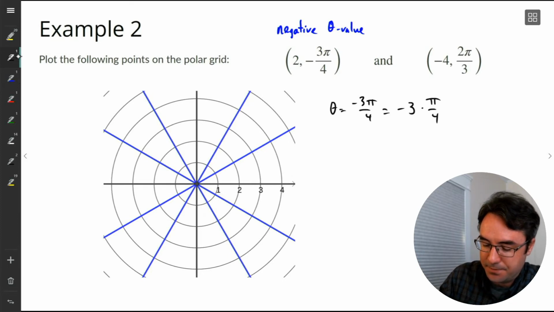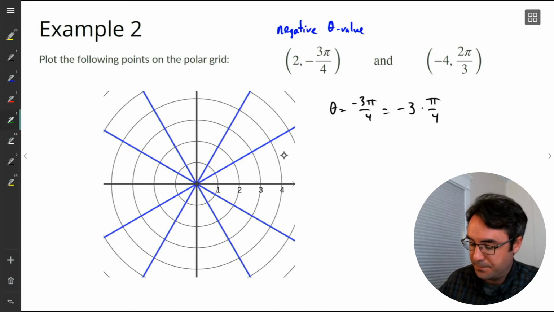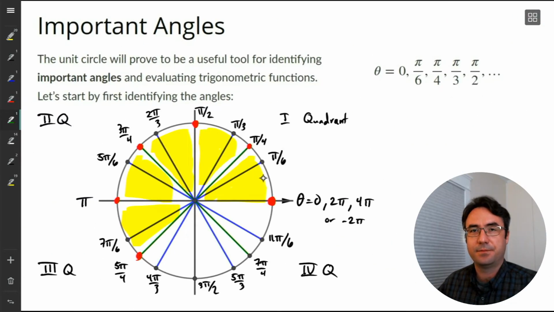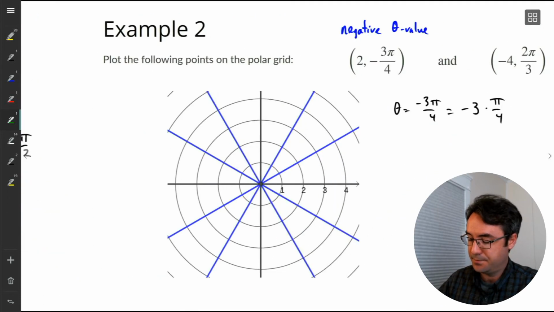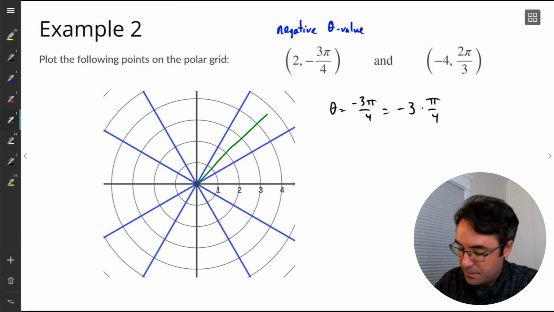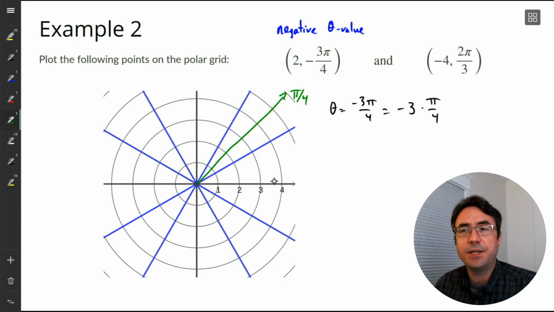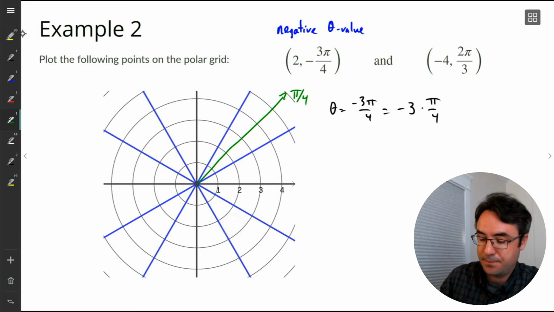All right, so if we go back to our grid here, pi over 4 occurs halfway in between pi over 6 and pi over 3. So pi over 4 is halfway. So roughly like here, this is pi over 4.